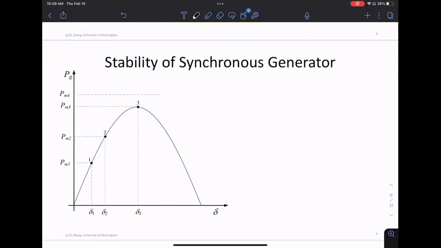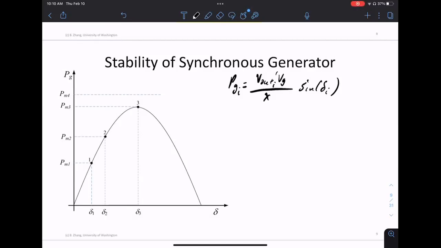The way to think about this is, I can change my delta to match power to the grid. So I have PG is V out prime VG over X sine delta.